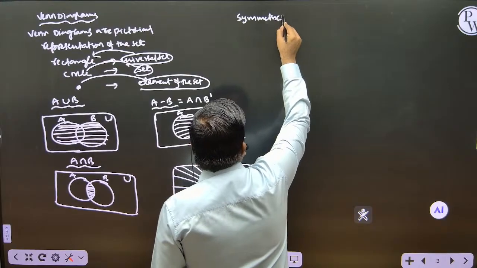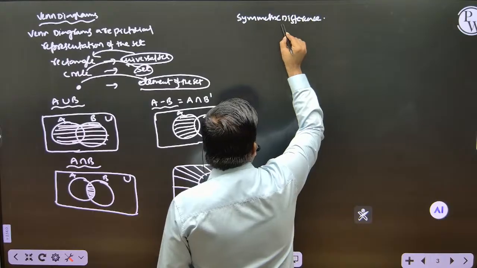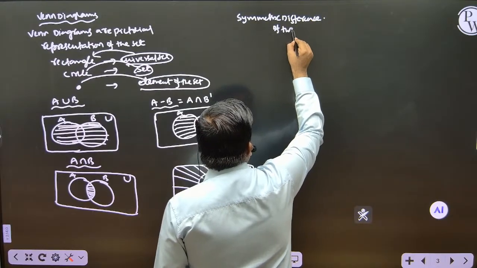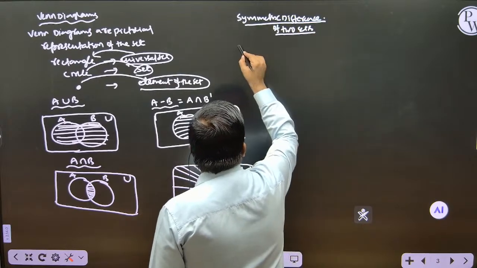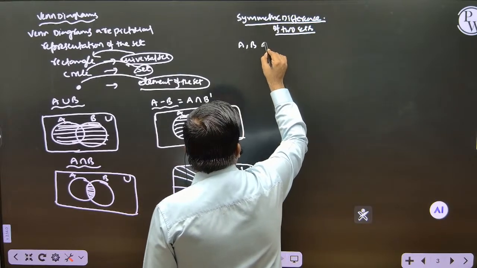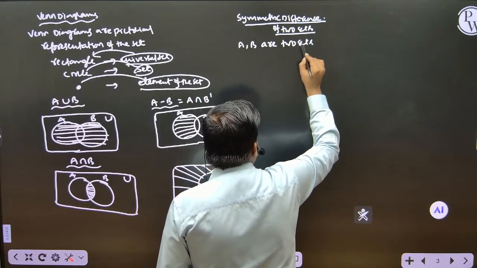Now let's go to the symmetric difference of two sets. A, B are two sets.